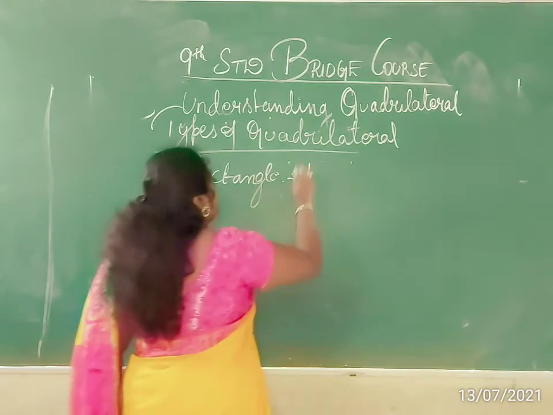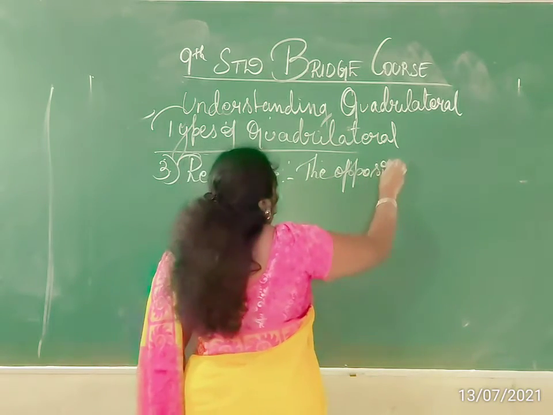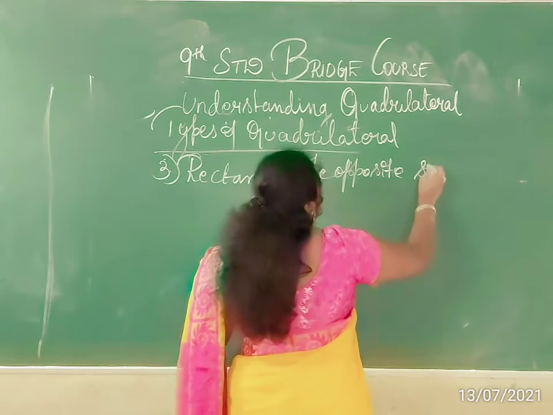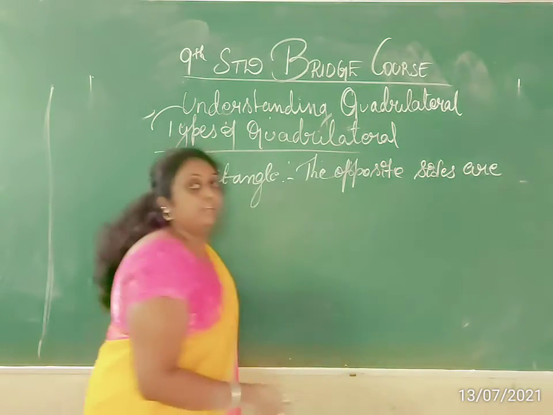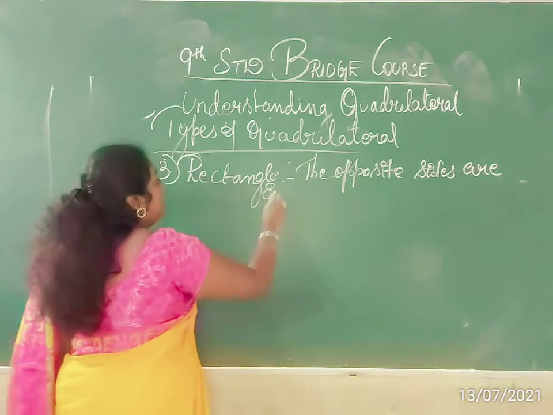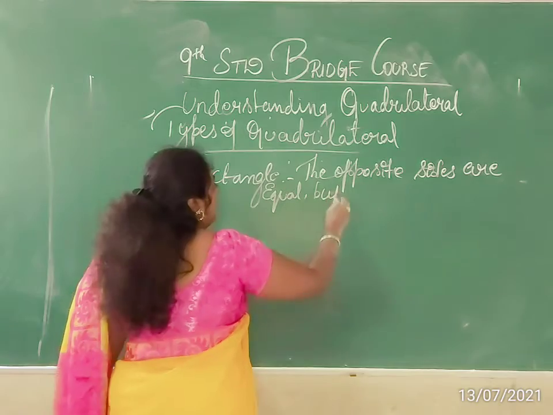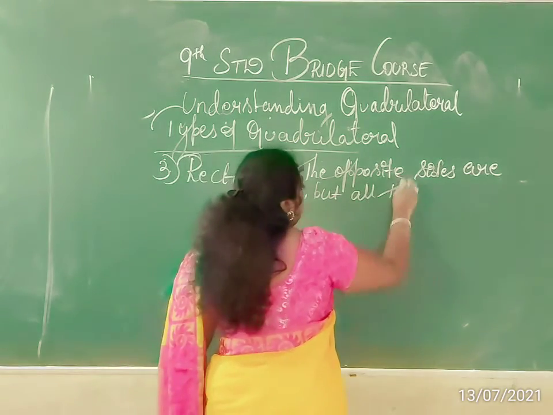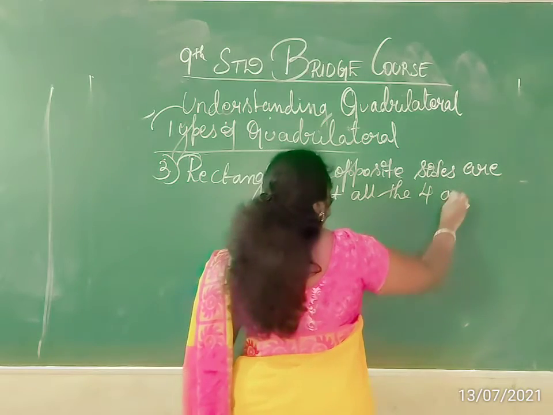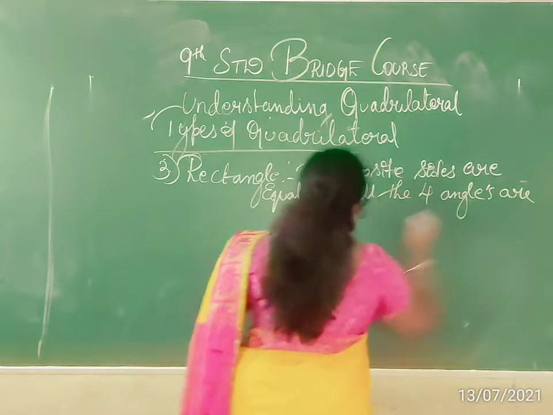What you write is: the opposite sides are equal, but all the 4 angles are the same.